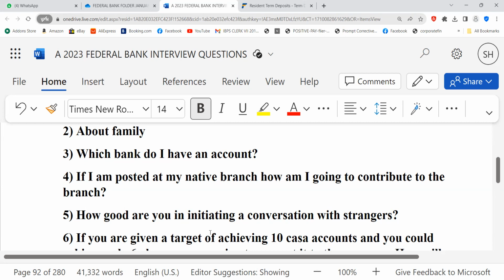Tell me, how will you contribute for the bank? I will contribute by contacting my native friends and people around me, promoting our banking products through my family and friends, and giving them better service. They will be happy, and the bank will also be happy.